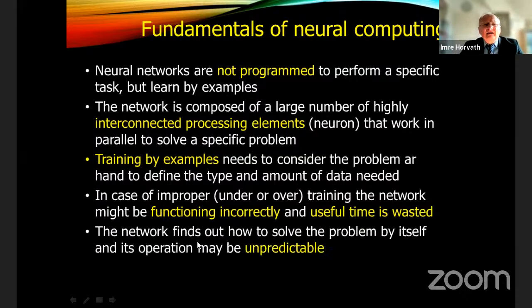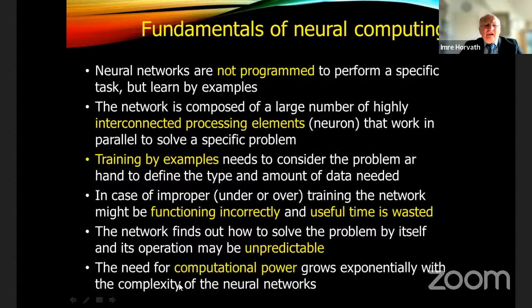The network itself finds out how to solve the problem and its operation may be unpredictable. So every neural network, in a sense, is a black box, and we cannot monitor how the neurons are working. An important aspect from the point of view of computational support is that the need for computational power grows exponentially with the complexity of the neural network.